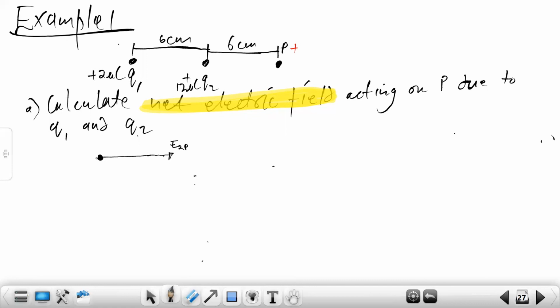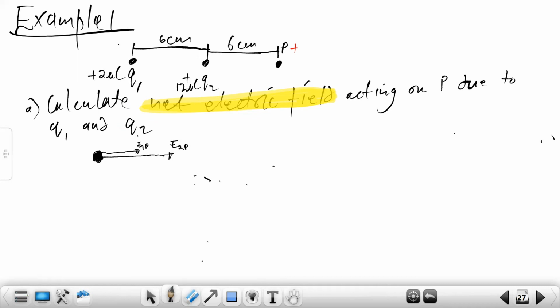And what will be the influence of Q1 on P? Because the distance between the two is now 12 centimeters, I am going to get a smaller electric field here, which is E of 1 on P. I hope you guys got the same thing as me.